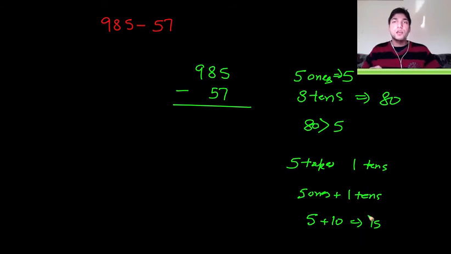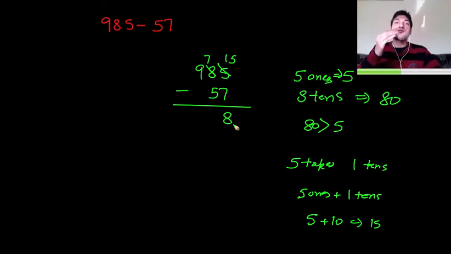So this 5 will become 15 now, and this 8, which was very rich before, 8 tens, will now have only 7 tens, so it will become 7 now. Now this 5 borrowed a number from 8 tens, right? So 5 is now richer as compared to 7. So now this 15, we can easily subtract 7 from 15. So 15 minus 7 is 8, right?